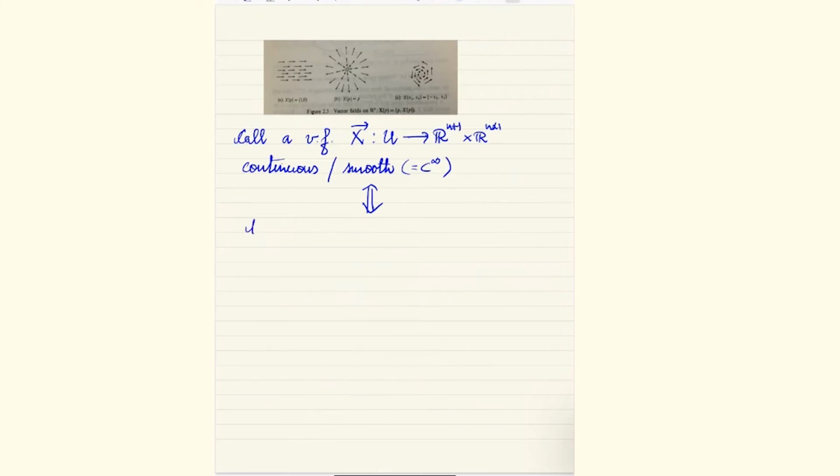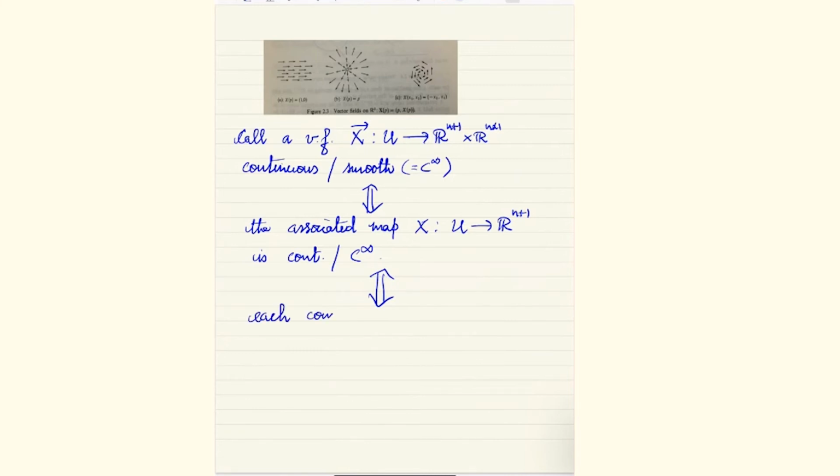This holds precisely if the associated map X from U to Rn plus 1 is continuous or smooth. And of course, from calculus of several variables, you know that you can do these things component-wise.